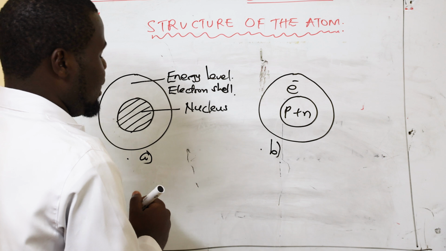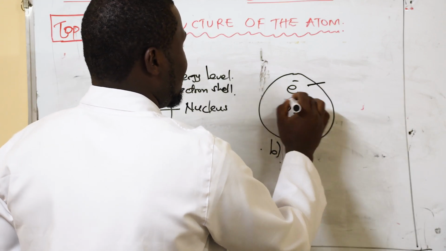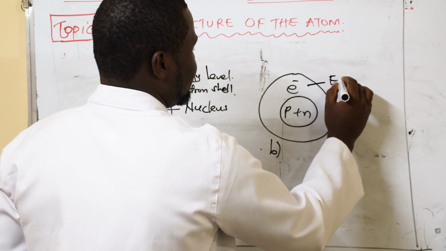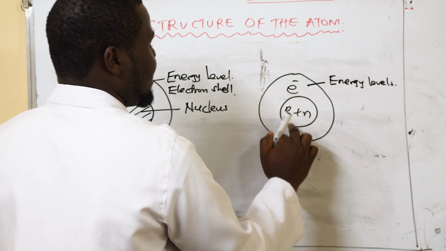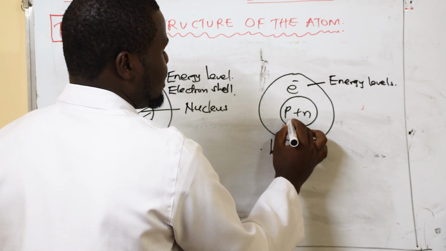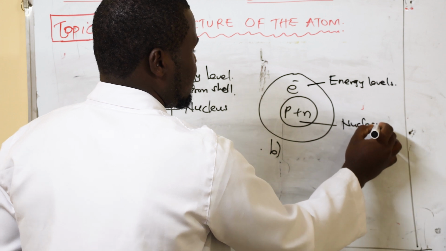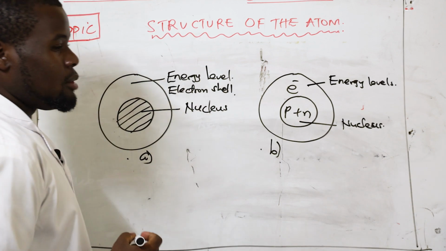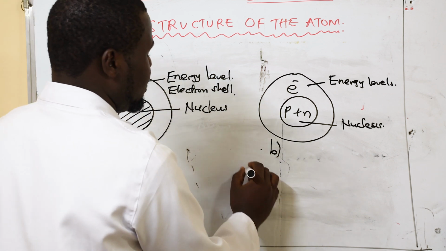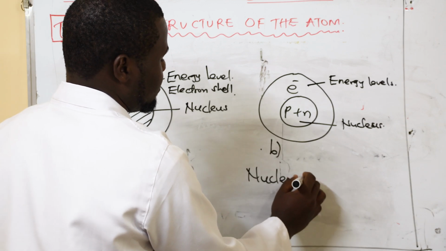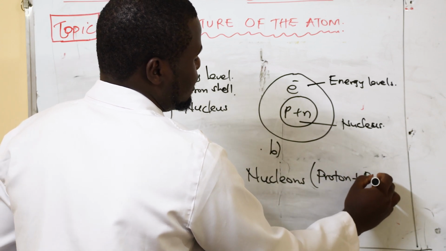From this diagram, you can note that electrons are contained in the energy levels, whereas protons and neutrons are located in the nucleus. The protons plus neutrons added together form what we call the nucleons. That is proton plus neutron.